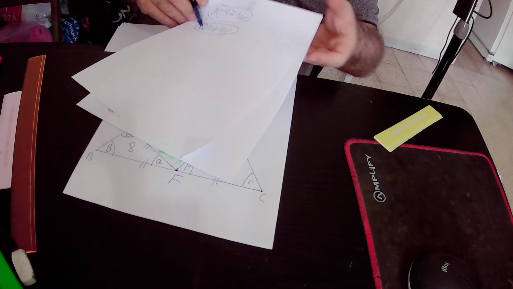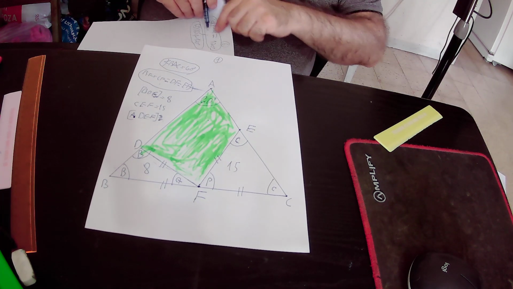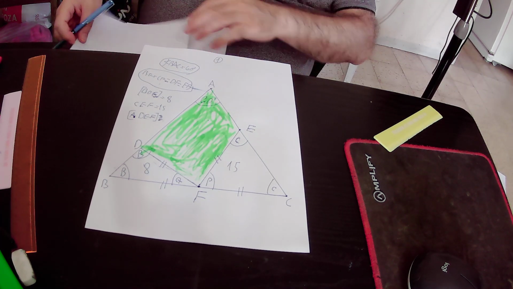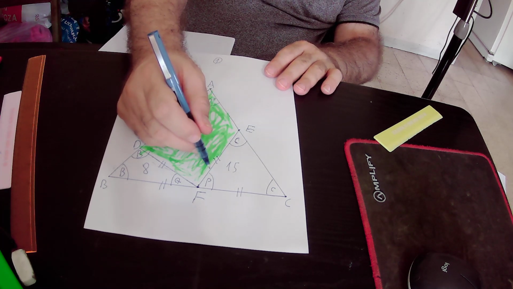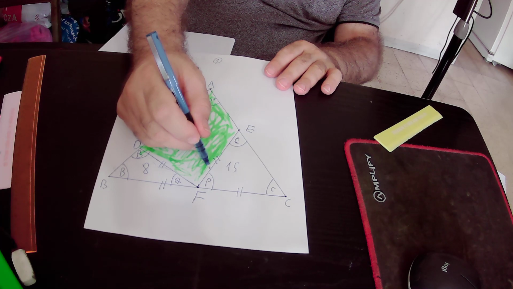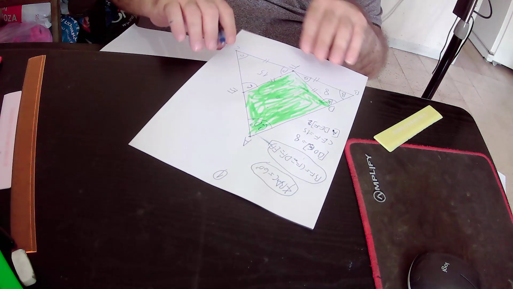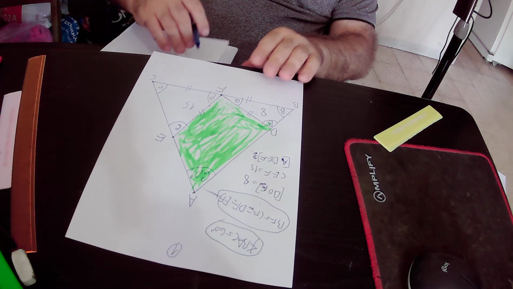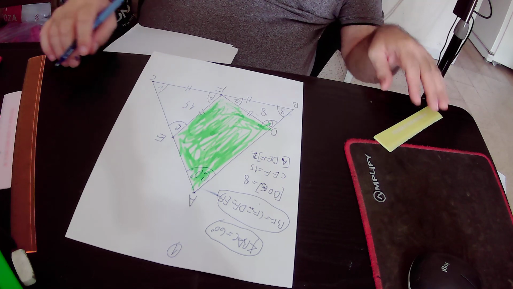Okay, so in the next step we will find out the size of this angle. Before we do it, we will connect together points D and E by a straight line.